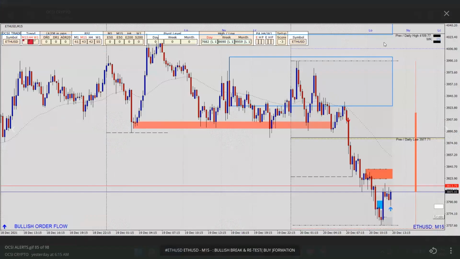Okay, take a look at the illustration, bro. This is where the sell was called. All right, you see that? I see it. This is where the buy is called. This is very good movement, man.